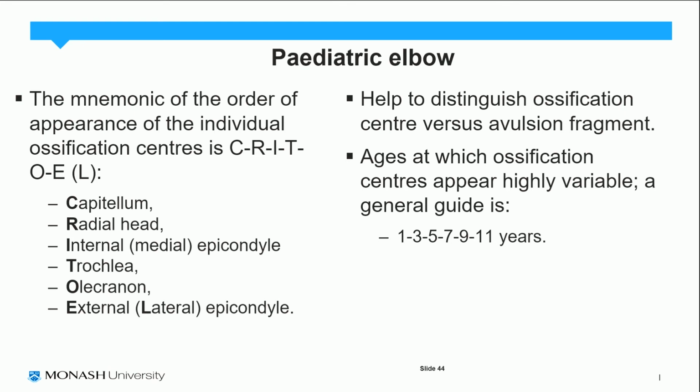And that gives an indication of the ages at which ossification centers normally appear. However, this can vary with some patients. But the main thing is that if you know this mnemonic, it helps you to distinguish between an ossification center or whether you are looking at an avulsion fracture.